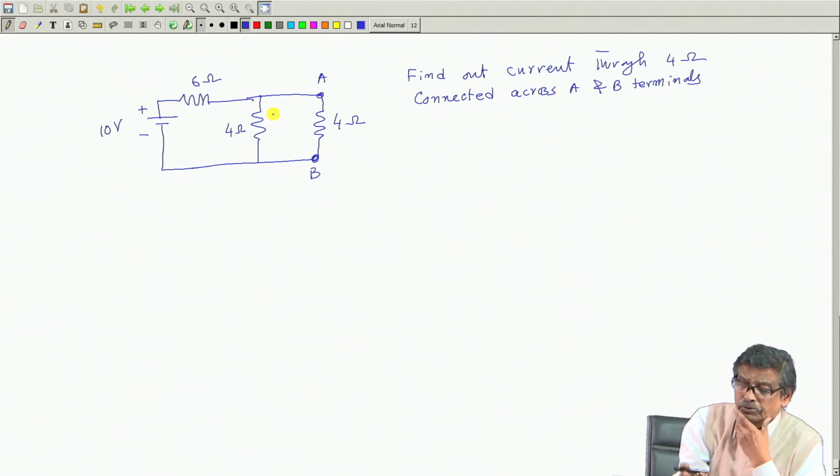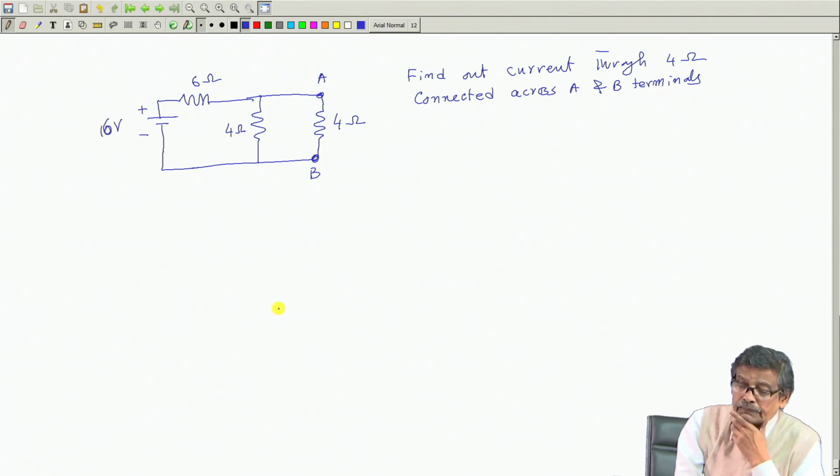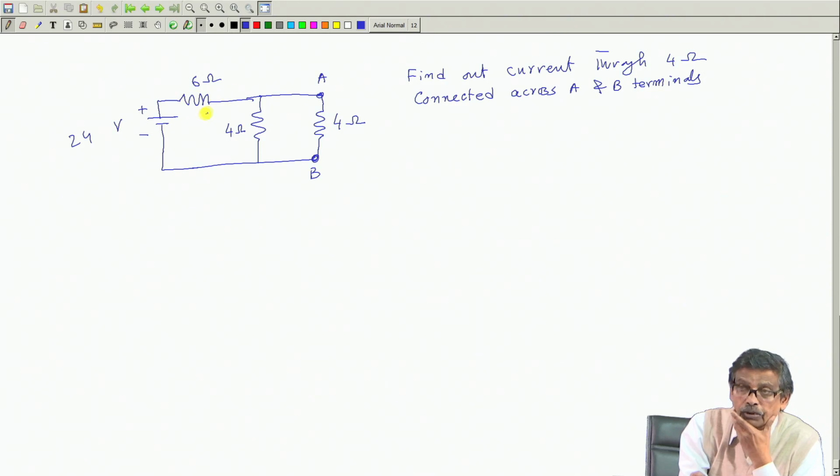This problem is so simple, I can find it. Let this voltage be 16 volt, or 24 volt, it will be better, 24 volt. So, this circuit can be easily solved: 2 plus 6, 8 ohm, 24 by 8, 3 ohm will be here, then 1.5 and 1.5 will flow, that is known.